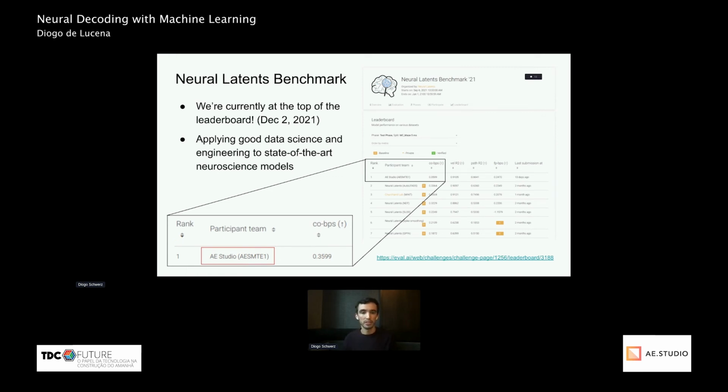So it's really using very good data science and software development here. Even though it's a topic that a lot of people have been investigating for a long time, we've been able to improve upon just using what we already know on data science and neural network models.